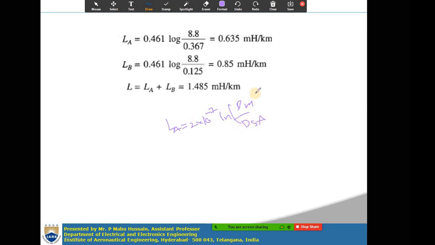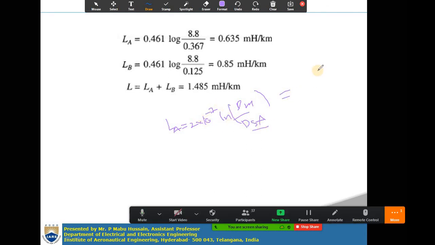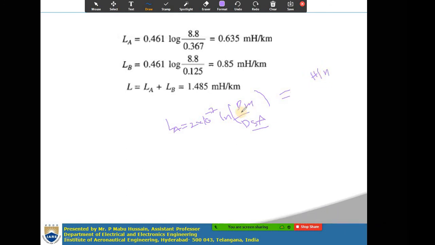You know the value of DM and you know the value of DSA. If you simply substitute, you will get the LA value, which is in Henrys per meter. When you take the ln expression, the units are Henrys per meter. When you take the logarithmic term, units are millihenries per kilometer.